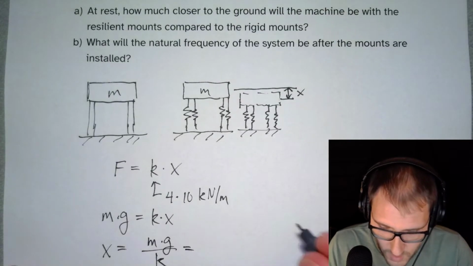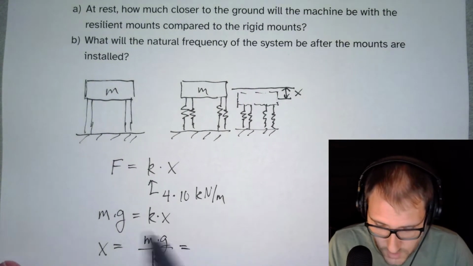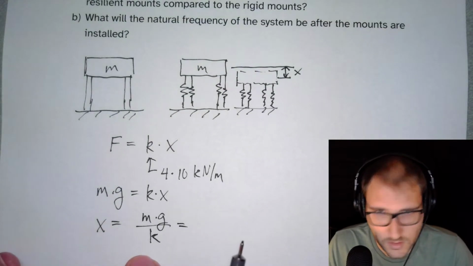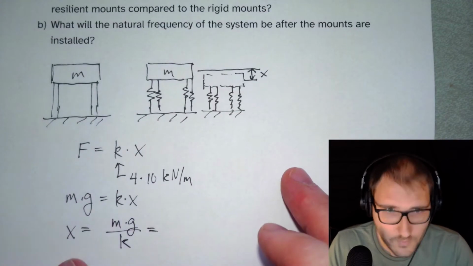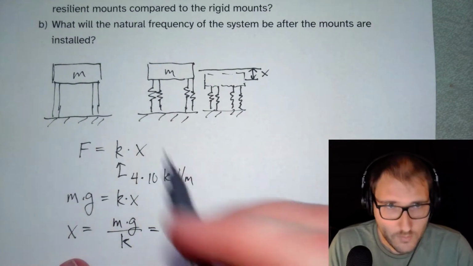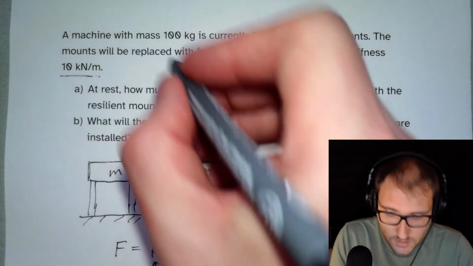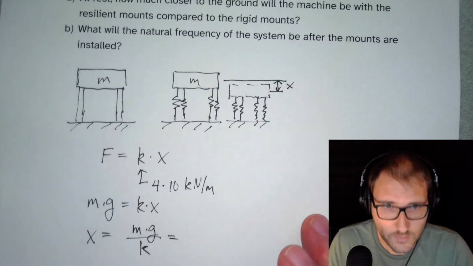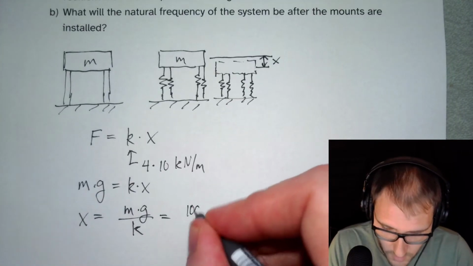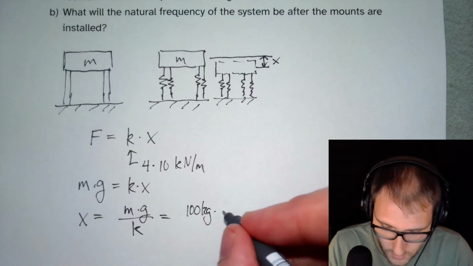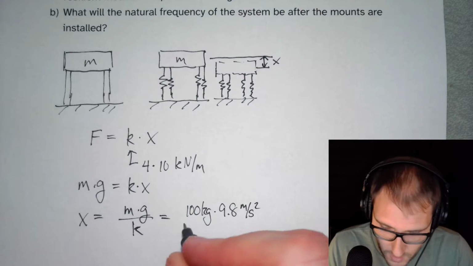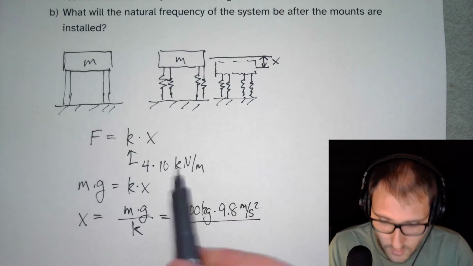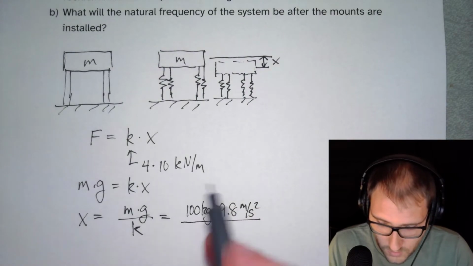And I recommend, when at all possible, just keep doing things in terms of the symbols, and then you can plug in the numbers when you're ready. And now we're ready to plug in the numbers. The mass, remember, was 100 kilograms. Acceleration due to gravity is 9.8 meters per second squared. And then the stiffness, we're going to plug in 4 kilonewtons per meter.